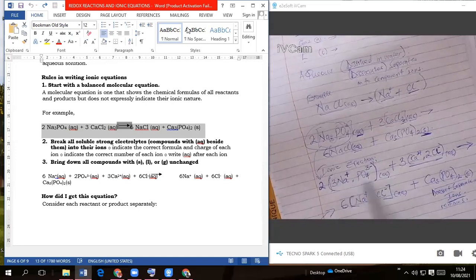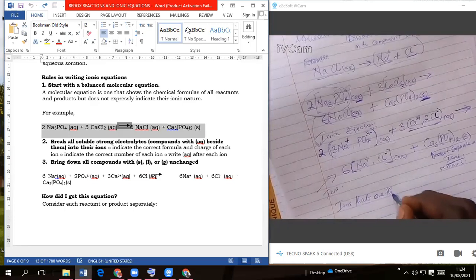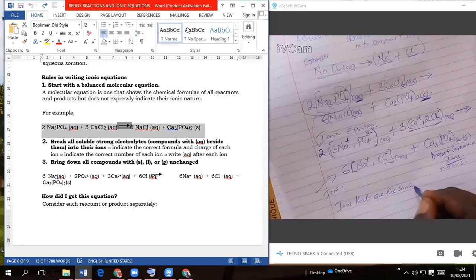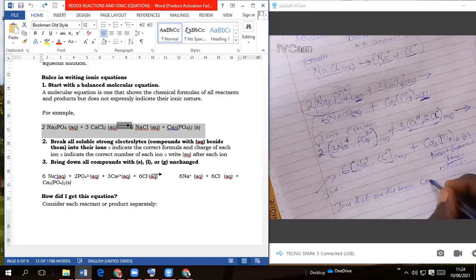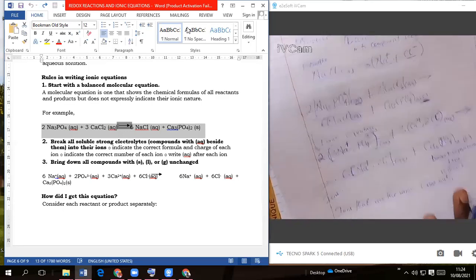If it is in aqueous state, check whether they are the same, and then the ions that are the same cross out. Then the rest remains.